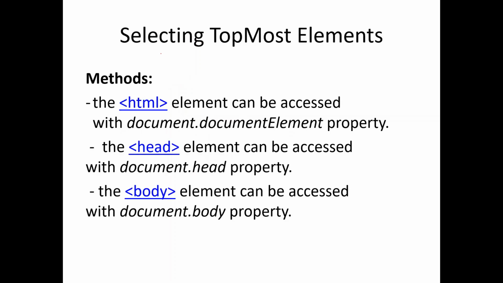So for selecting the topmost elements, these are the methods. For the HTML element, you can access it through document.documentElement property. To access the head element, you can use document.head property. And for the body element, you can use document.body property.